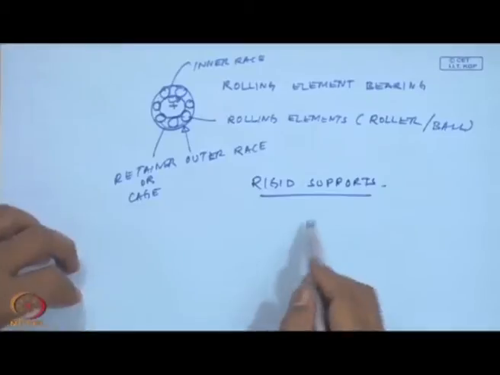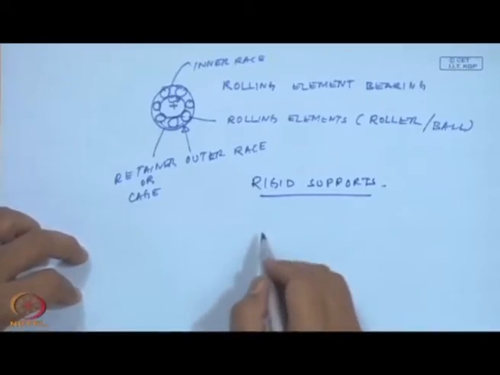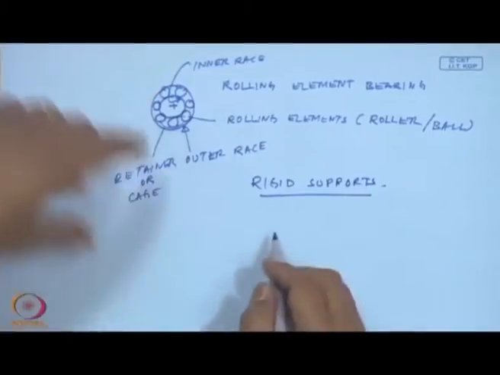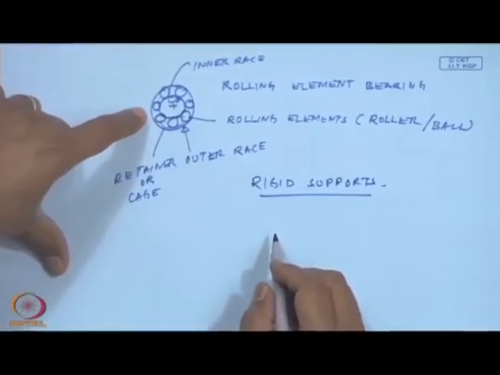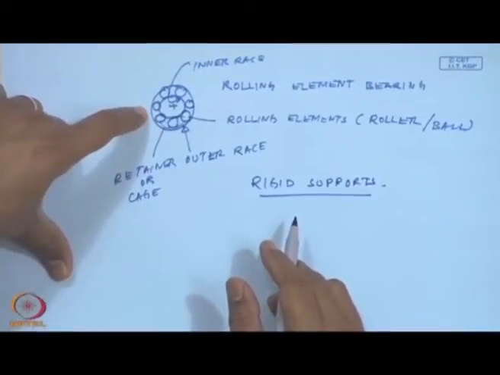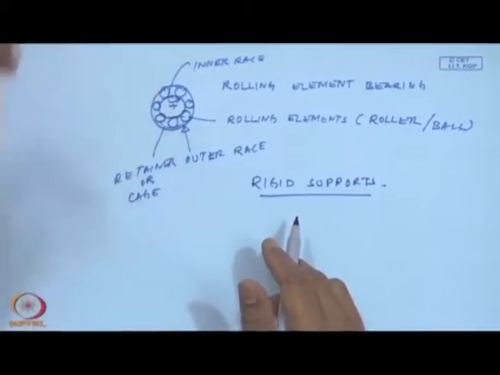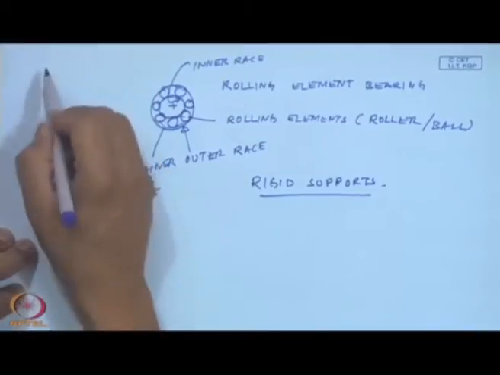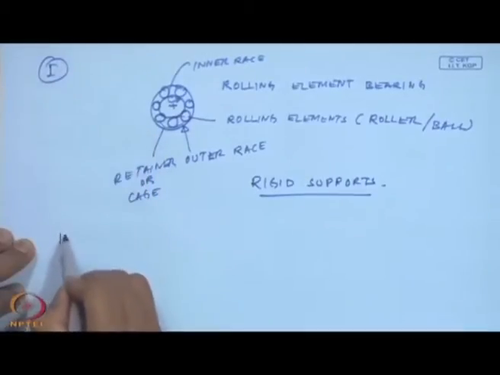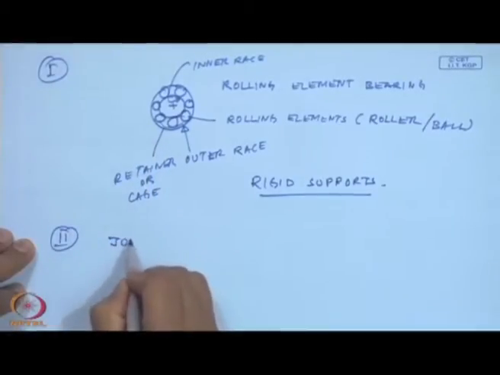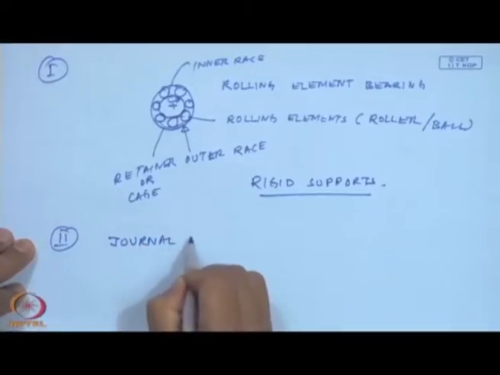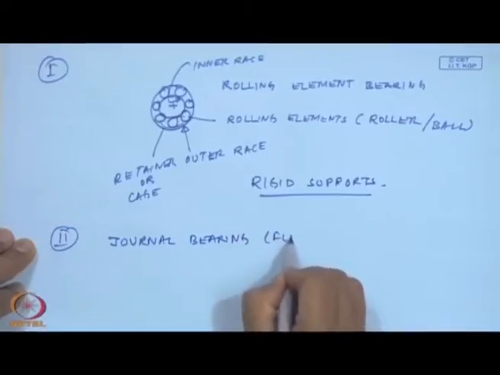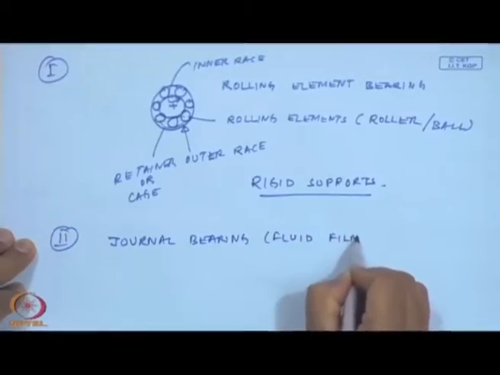So, in essence, rolling elements are good where the forces on the supports are less, because when the forces are very high, because of the physical dimensions of the bearings, they may not be able to support very high loads, as in the case of the turbines which we discussed. But the other kind of bearing is the journal bearing, or the fluid film bearing.